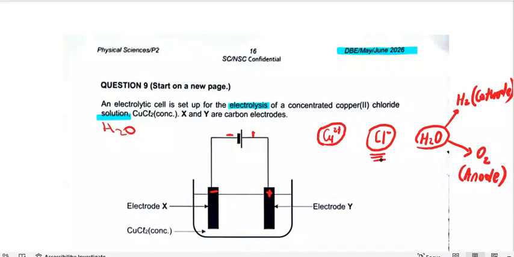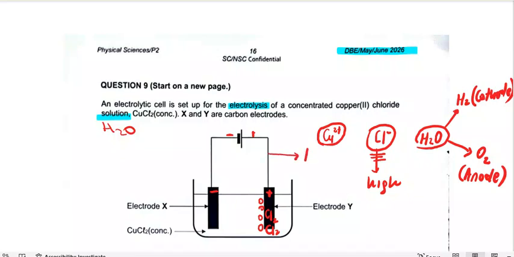The chloride ion will go straight to this one, and Cl2 will be formed here as gas bubbles, because chlorine is more reactive than oxygen. What type of electrode is this one?